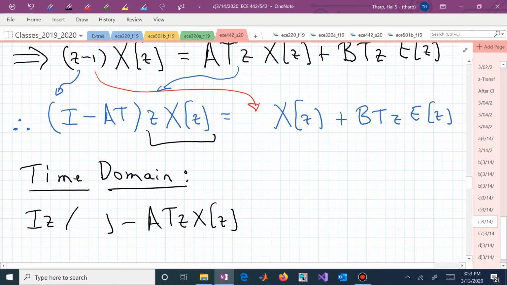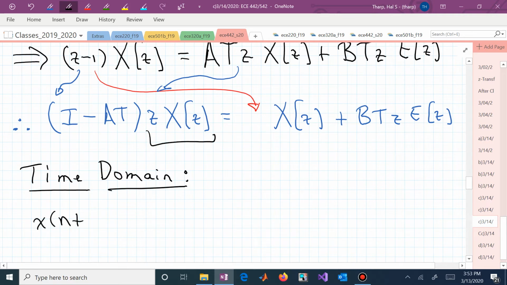Well, z scaling capital X in the frequency domain just advances little x by 1 in the time domain, so that this first term right here drops down to x of n plus 1. This term, together with this z operator, gives rise to minus A t times x of n plus 1.